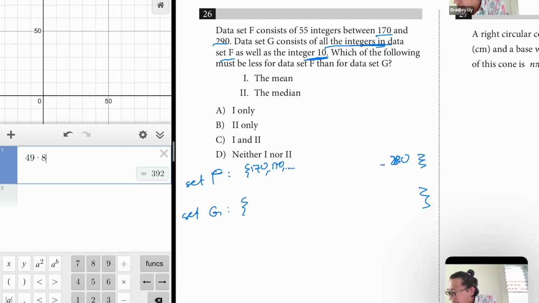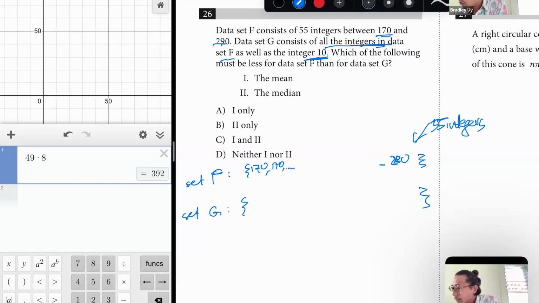Let's say, since there are 55 integers, which are whole numbers and their opposites, but they have to be between 170 and 290, so there are whole numbers between 170 and 290. Since there are 55 integers, there will be a middle integer.